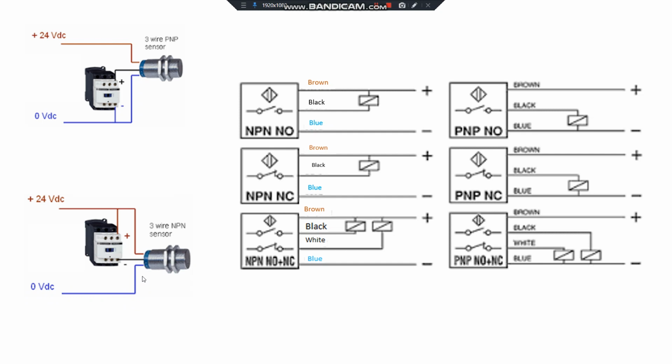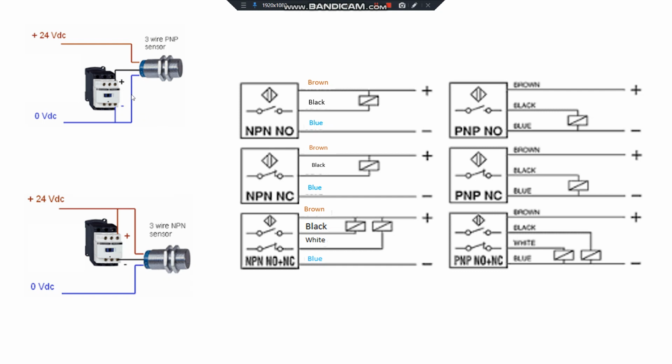The conditions are the same as the PNP, and the black cable is also the output, but the difference is the type of voltage. In PNP sensors, the output voltage is 24 DC. In the NPN sensor, the output voltage is 0 volt. So this is the difference.